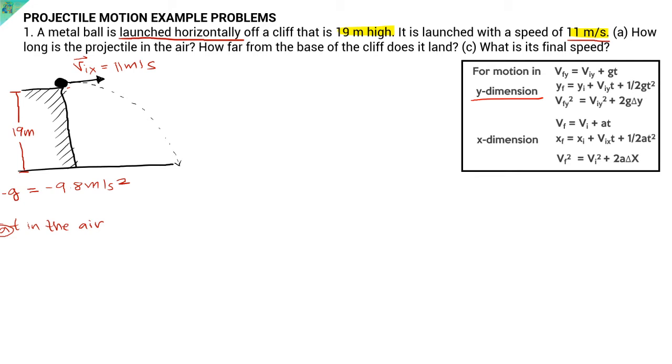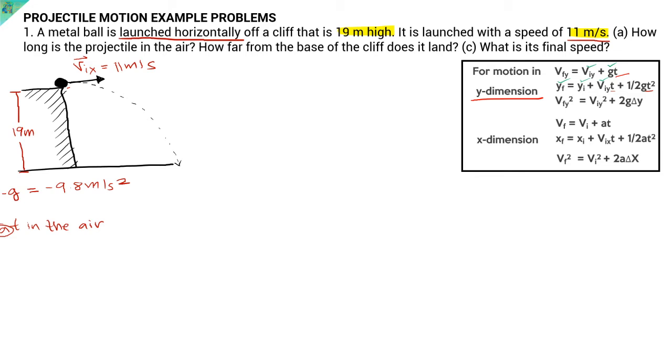Let's look at our first formula here. We're searching for t. We have g. We have initial velocity. And what we don't have is final velocity. For the second one, we're searching for time, so that's present there. And we have our initial velocity, we have our initial position, and of course we have our final position.